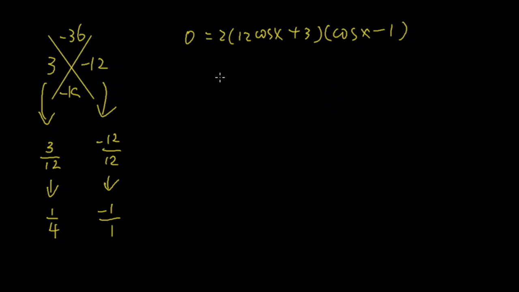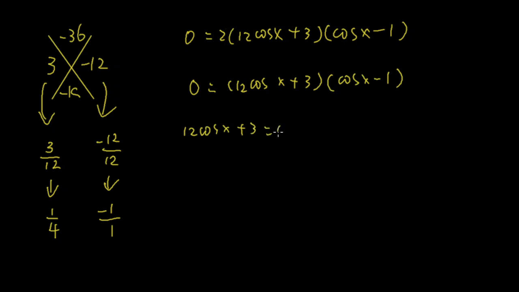Now, divide both sides by 2. We get 0 equals 12 cosine of x plus 3 times cosine of x minus 1. And that means 12 cosine of x plus 3 equals 0, or cosine of x minus 1 equals 0. Now, let's make sure that we have a value for x here. In this case, subtract 3 from both sides. 12 cosine of x equals negative 3.